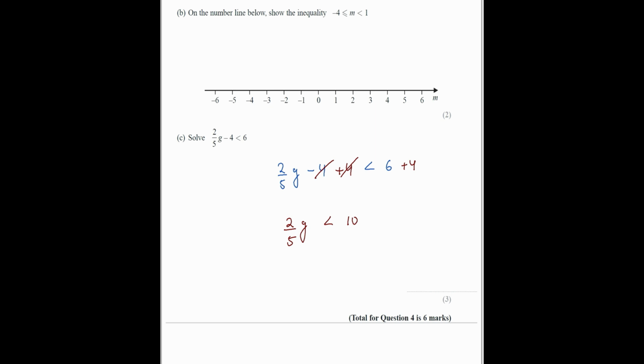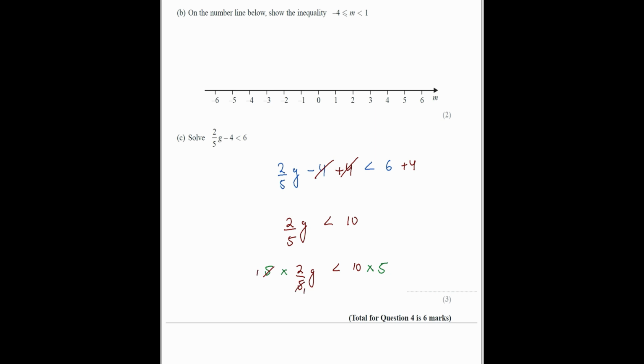Now we need to multiply 5 on both sides to remove this 5 from the denominator. So you have to multiply 5 on both sides in this way. 5 times 2 over 5 g less than 10 multiplied by 5. And this will give you, 5 cancels by 5. 5 ones are 5, 5 ones are 5.